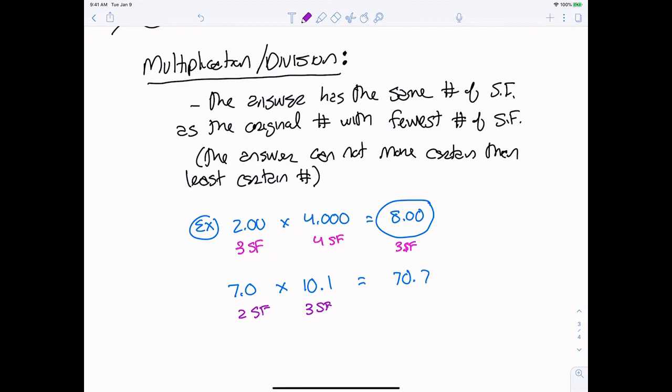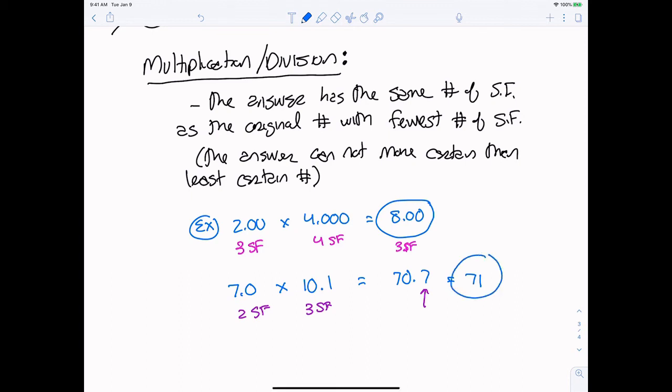This one I'm going to have to round. When I do it, I have 3 there. I only want 2. So what is that going to round to using the rounding rules that we just covered? I want 2 digits, which means the first one I'm going to drop is a 7, because that 7 is greater than or equal to 5. I'm going to round up to 71. So that would be my 2 significant digits.